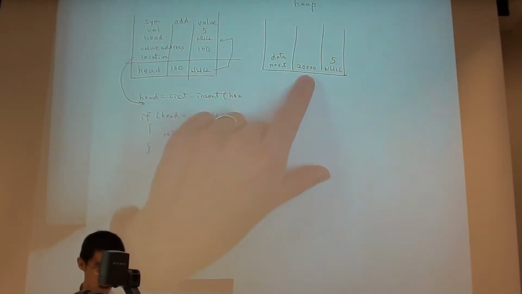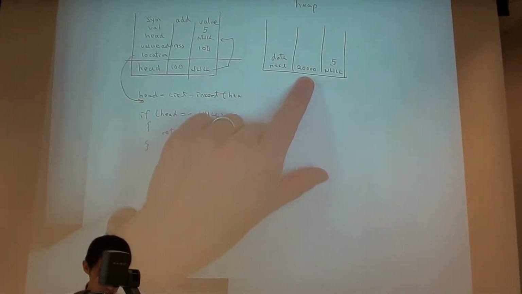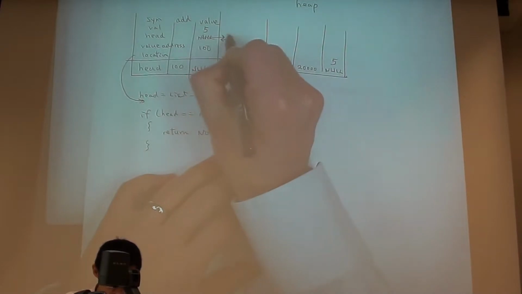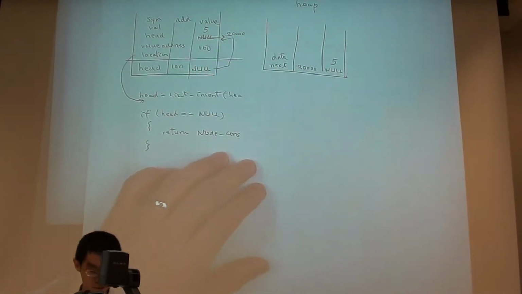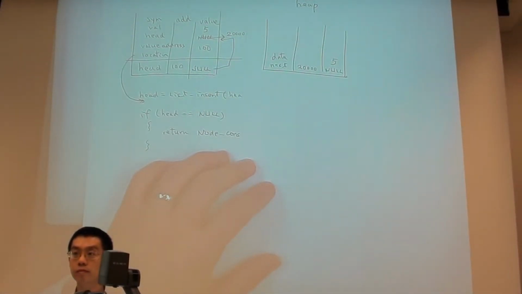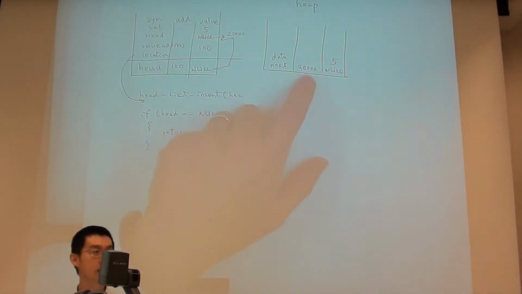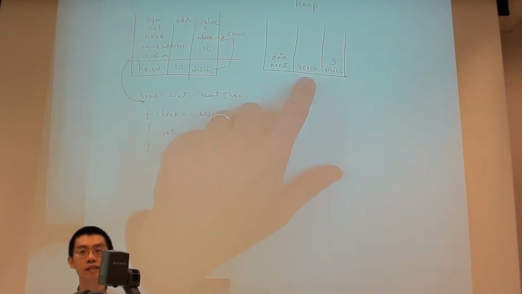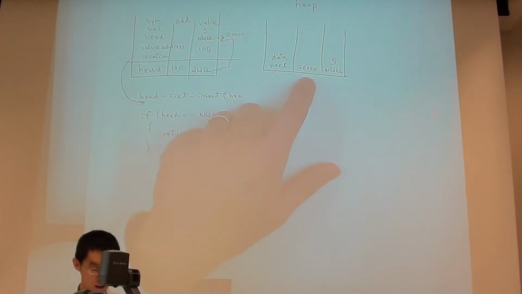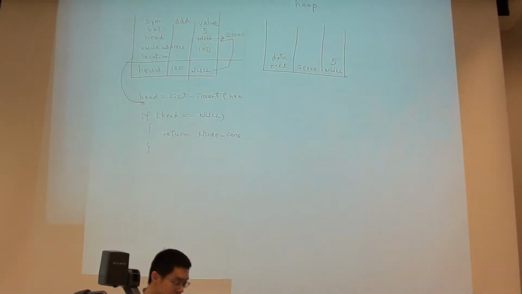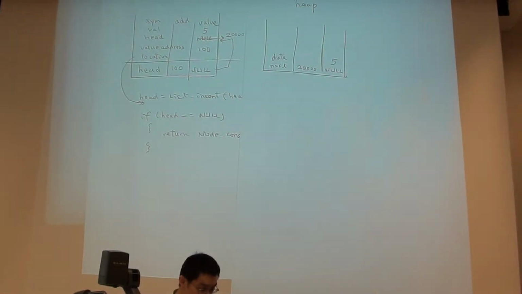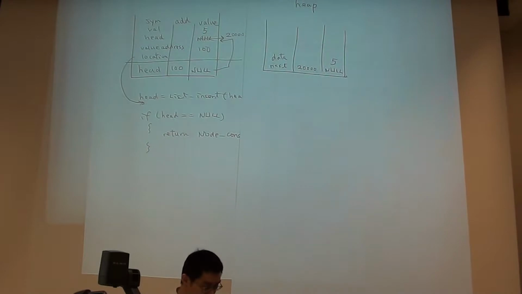Then you return this address to here, so this becomes 20,000. That's after you finish calling node construct. You return the address of the first attribute. Then you look at this line here, which says return. You can rewrite this line in the following way.